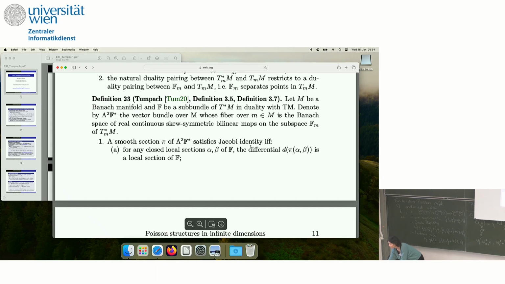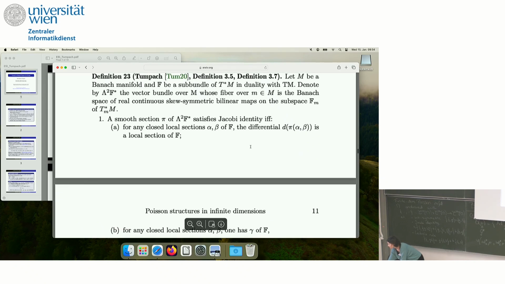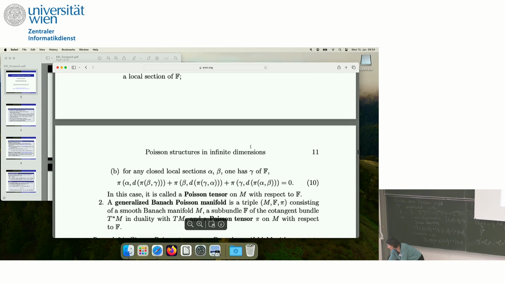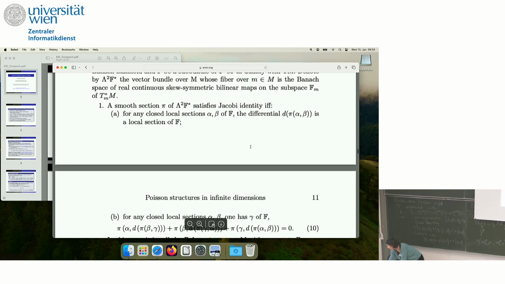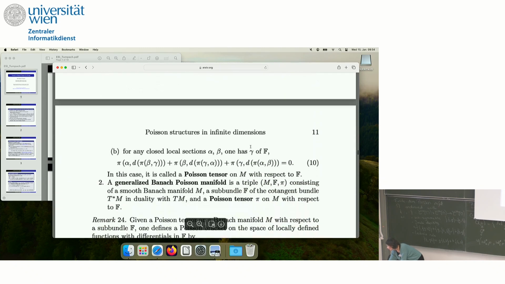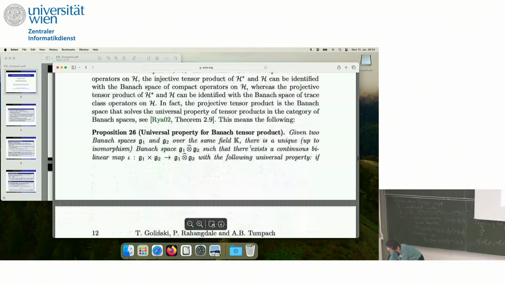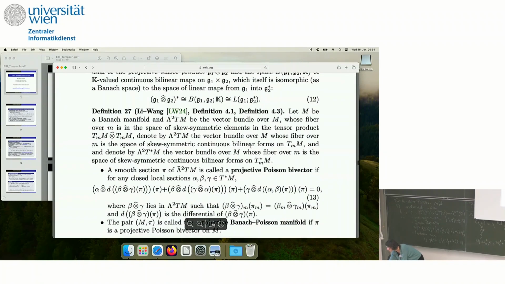So simply defining what a Poisson tensor should be. This is another approach which was actually adapted to the projective case in October 2024 by Lee and Wang. So here, you see another definition, definition 27, about Poisson.